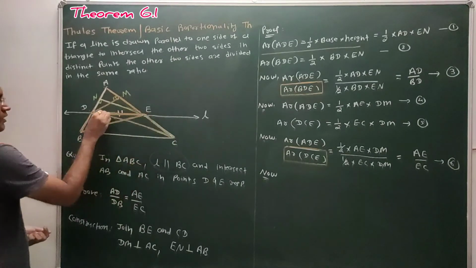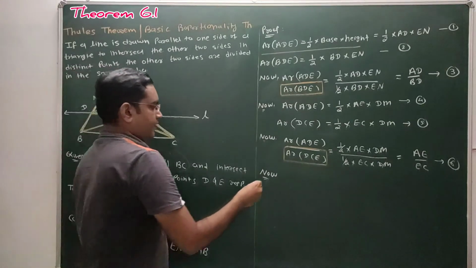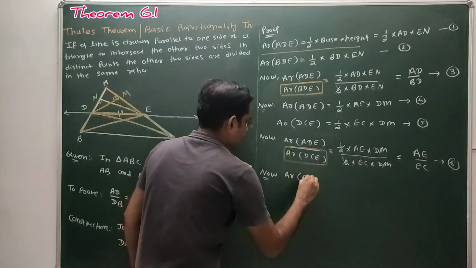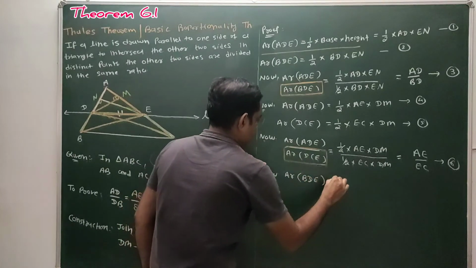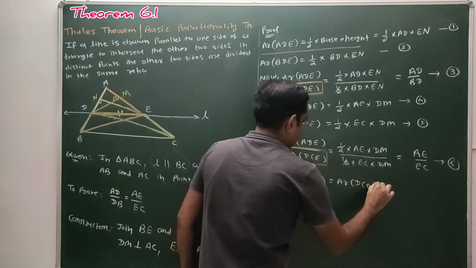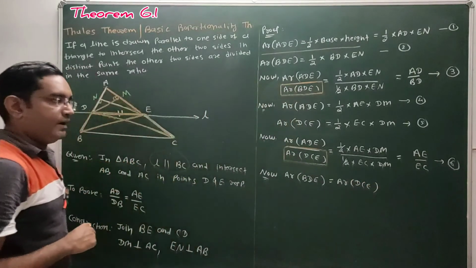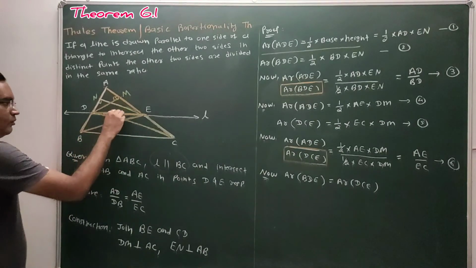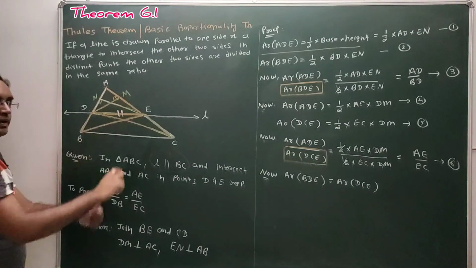So what about these two triangles? Here we can say that the area of triangle BDE is equal to the area of triangle DCE. Areas of these two triangles will be equal. Why? Because these two triangles lie on a common base and between two parallels.